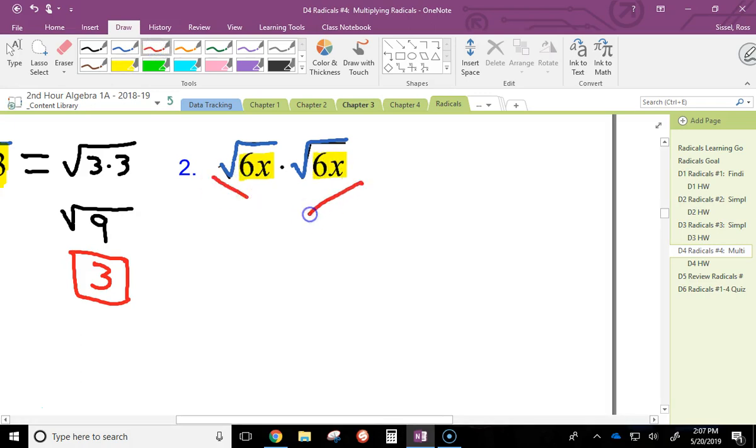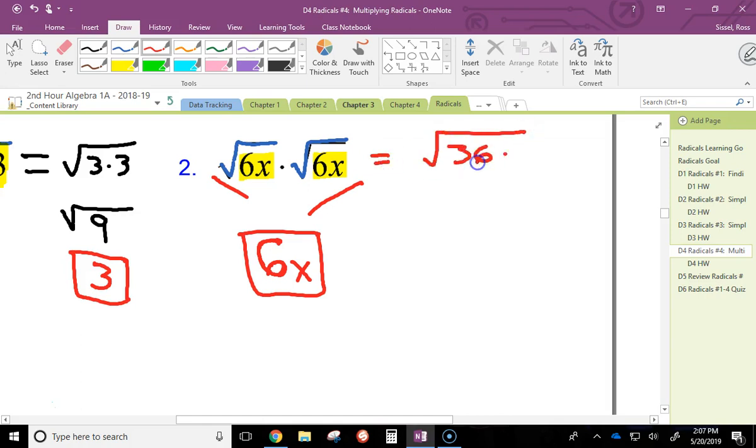This will simplify to just, sorry, I'm not sure why that didn't fill in. My final answer is just 6x. Because this would have come out if you did it: square root of 36x squared. Square root of 36 is just 6, and the square root of x squared is just x.